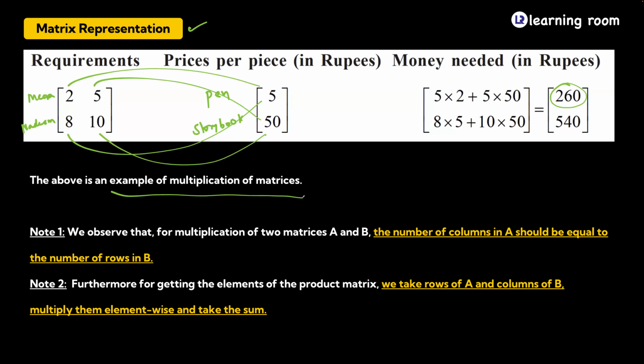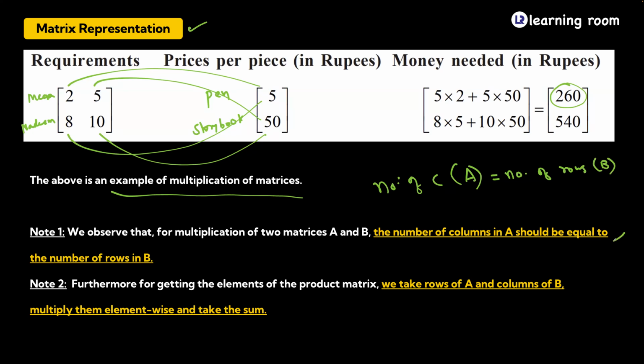First, multiplication of two matrices A and B is possible only when the number of columns in A is equal to the number of rows in B. That should be the first condition.